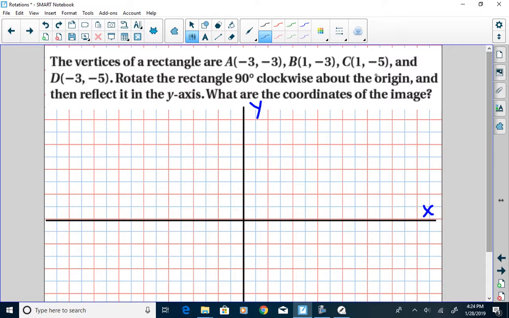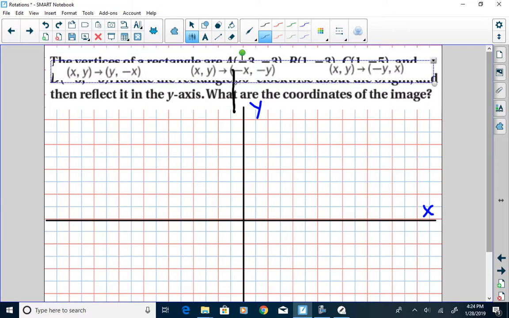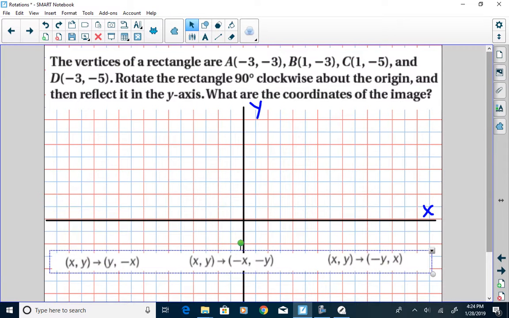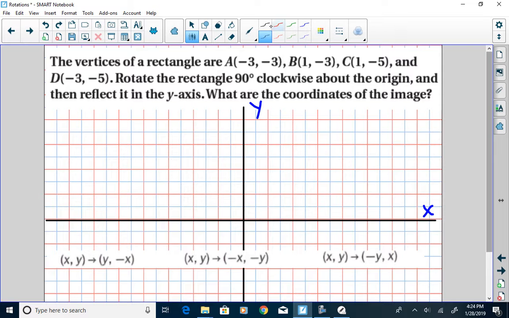We have the vertices of a rectangle this time. We're rotating it 90 degrees clockwise about the origin, and then we're reflecting it in the y-axis. What are the coordinates of the image? So we're going to keep using those rules. Let me paste my rules here. For the 90 degree clockwise rotation about the origin, (x, y) goes to (y, -x).